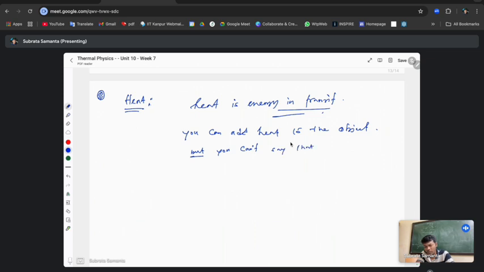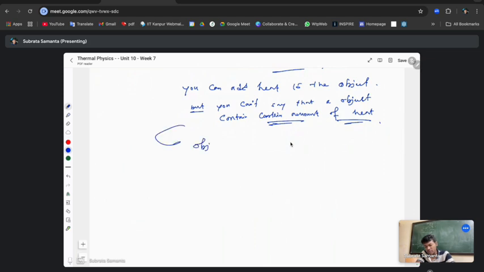Because an object contains a certain amount of energy, not heat.